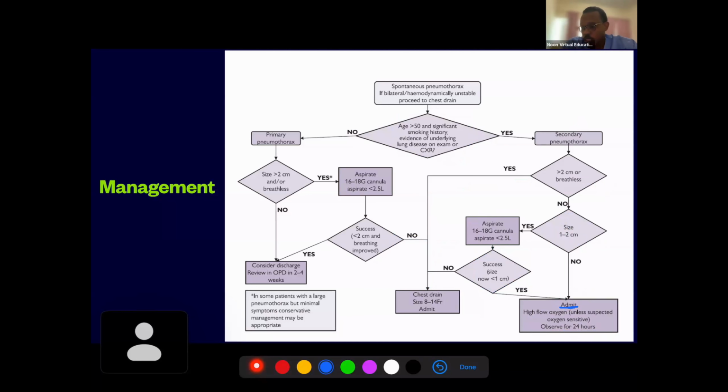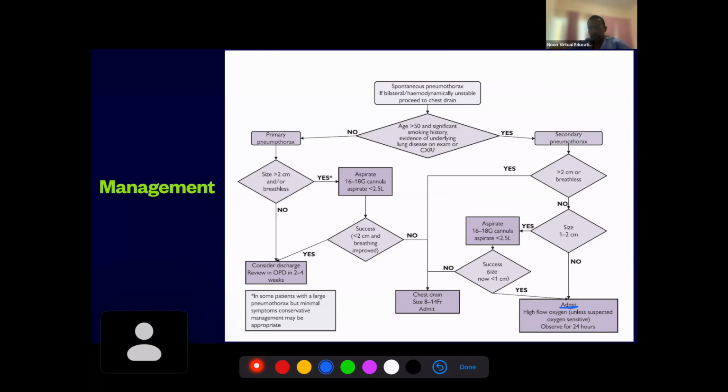In secondary pneumothorax, the important thing is that you need to search for the underlying cause and manage it. The underlying cause management and evaluation always take a long time, more than 4 hours, 6 hours. So highly likely admission. You will admit to check, search for the underlying cause and manage.